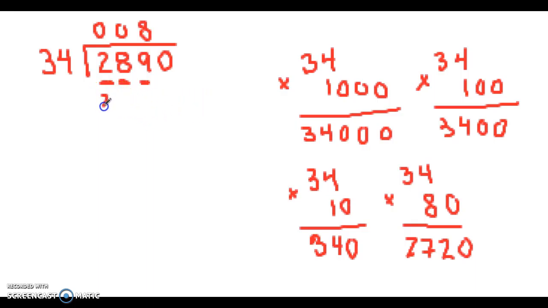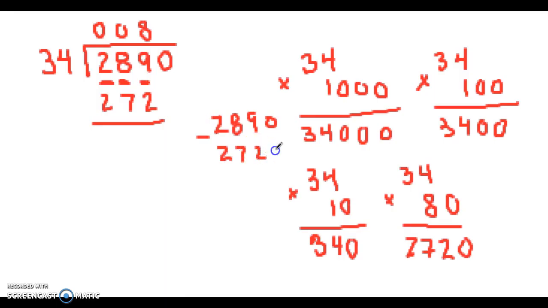And so we're going to subtract 2,720, but we are just going to ignore the 0 here. And we can do the same thing over here. So we have 2,890 minus 2,720.